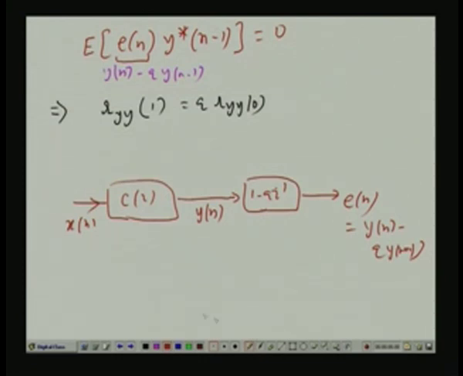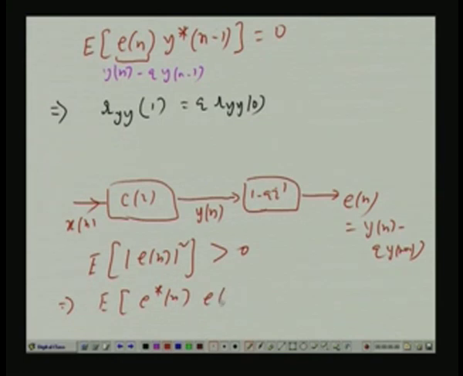That is, we know the philosophy, E of mod E n square greater than 0, this leads to the fact E of E star n E n greater than 0. Maybe here you replace E n by y n minus q y n minus 1.